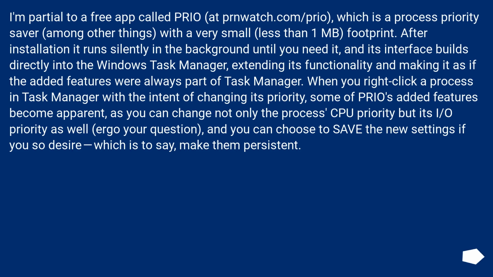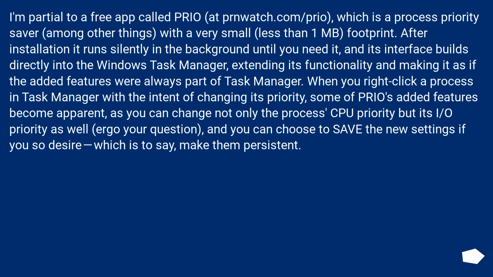I'm partial to a free app called Prio, at primwatch.com/Prio, which is a process priority saver, among other things, with a very small, less than 1 MB, footprint. After installation it runs silently in the background until you need it, and its interface builds directly into the Windows Task Manager, extending its functionality and making it as if the added features were always part of Task Manager.